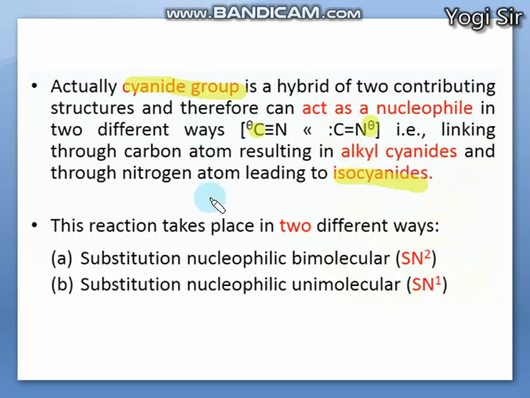Now next is the important part. We'll see two different types of mechanisms. In this session, we'll only include up to the SN2 mechanism. There are two types of nucleophilic substitution reaction, or substitution nucleophilic. One is bimolecular, named the SN2 reaction, and another is unimolecular, known as the SN1 reaction.